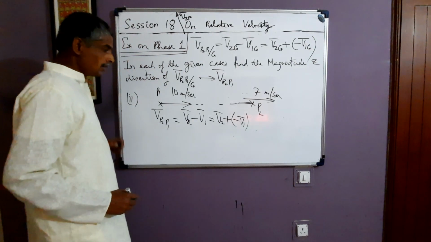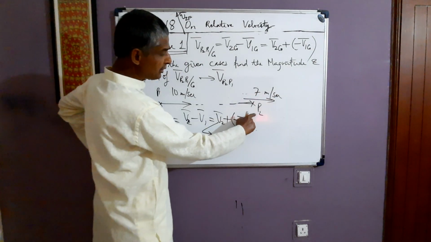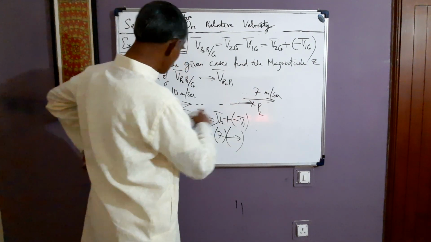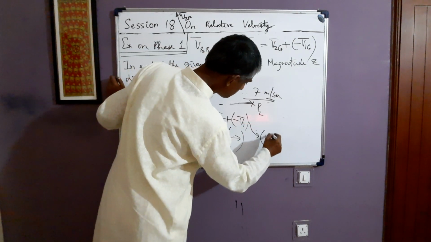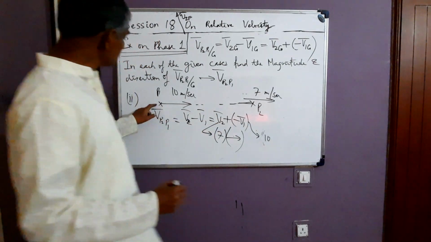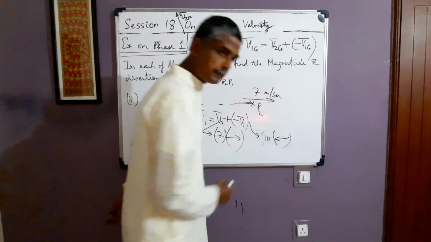V2 is 7 right, the velocity of P2 with respect to ground. And velocity of P1 is 10 right, so minus V1 will be 10 left. Is it clear?